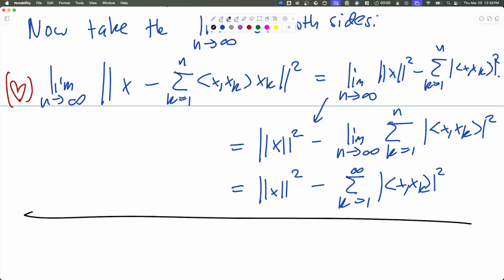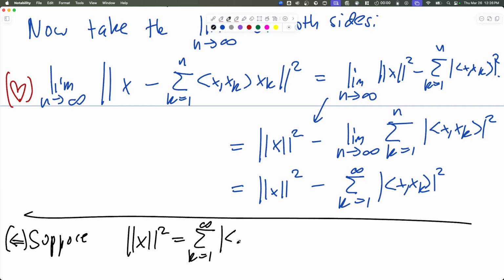Now this is the real proof of this direction. Suppose the norm of x squared equals this infinite sum, k equals 1 to infinity of xk squared. This is what people call Parseval's formula. So suppose Parseval's formula is true, i.e. Parseval's holds.